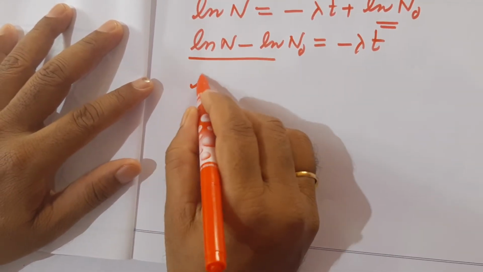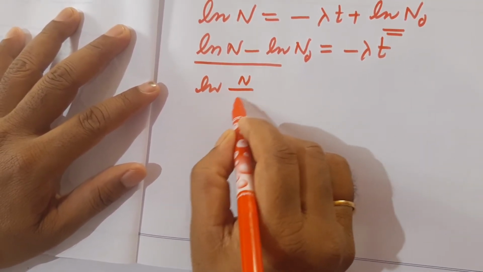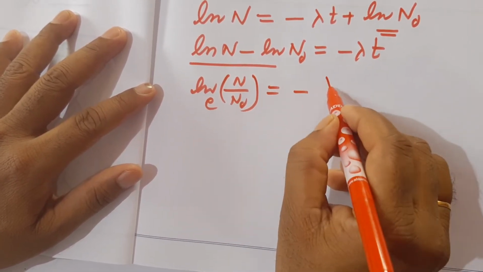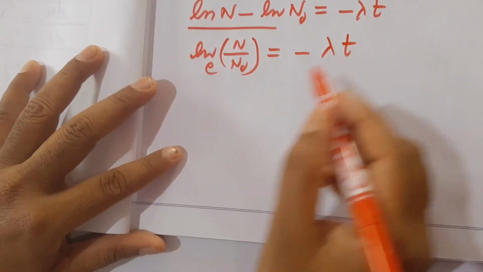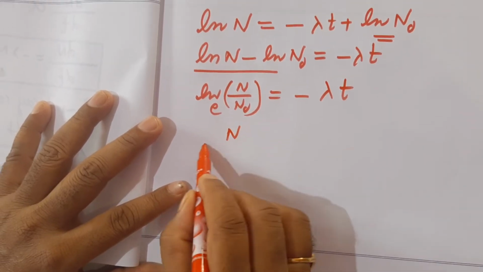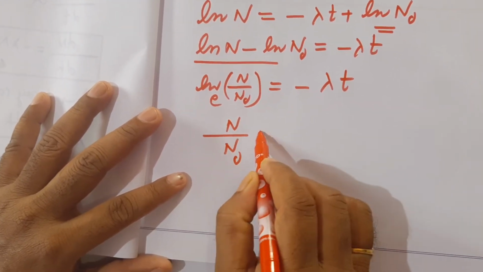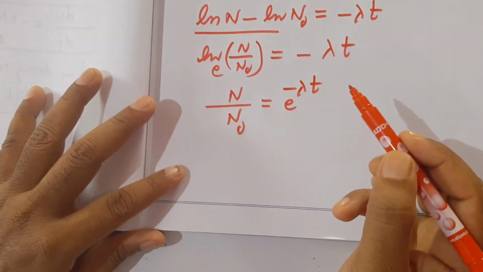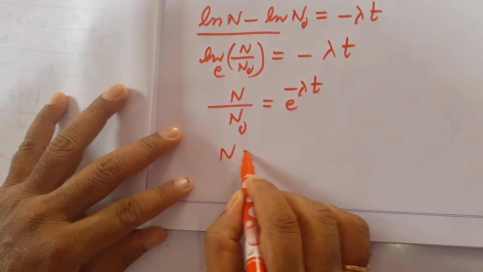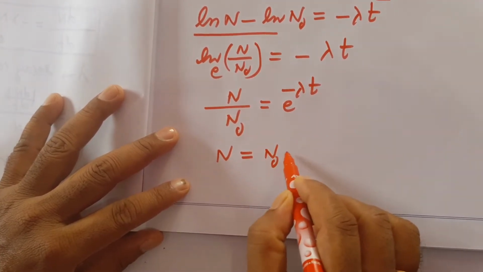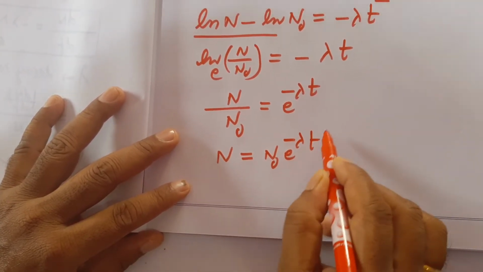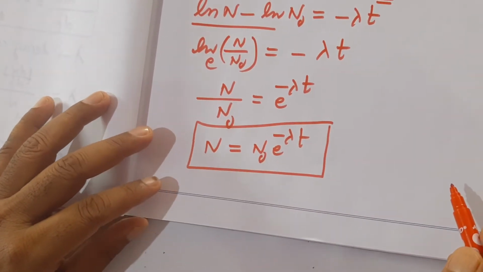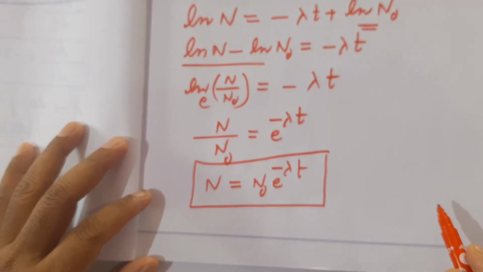We can write this as ln of N by N0 equals minus lambda t. Removing the logarithm, N by N0 equals e power minus lambda t, or N equals N0 e power minus lambda t. This is the exponential law of radioactive decay.